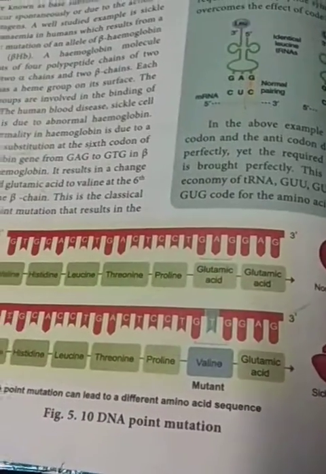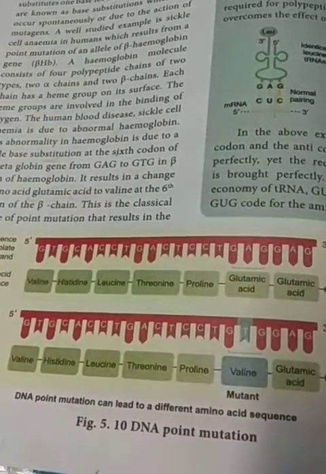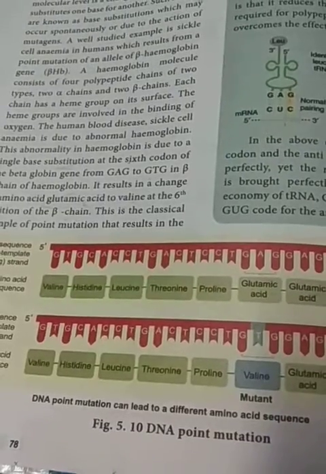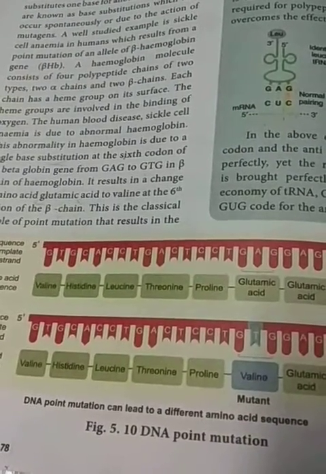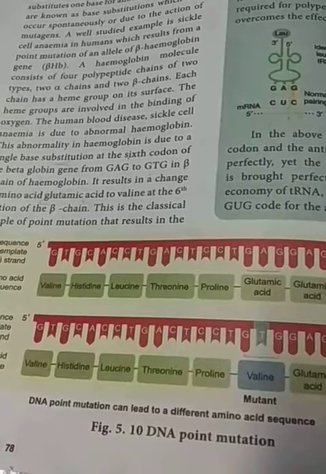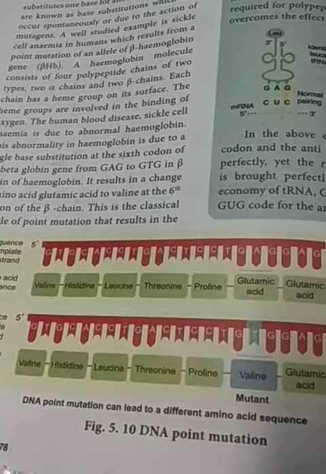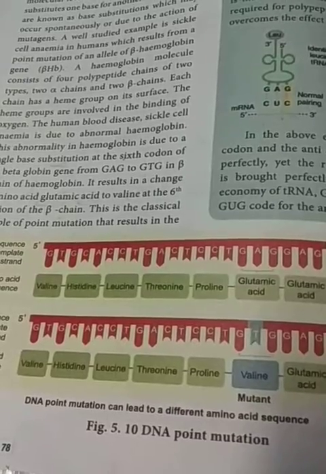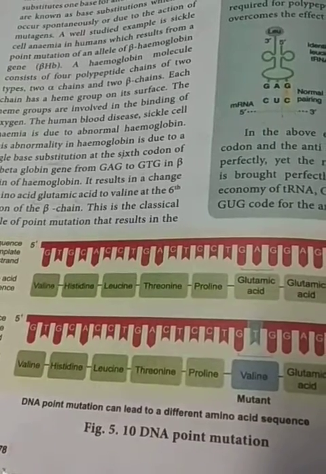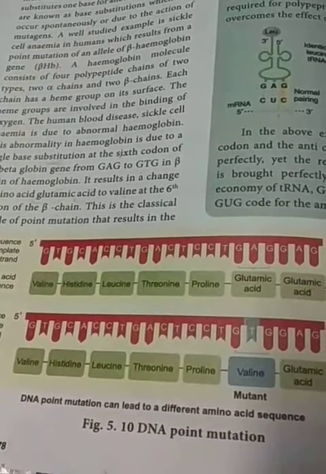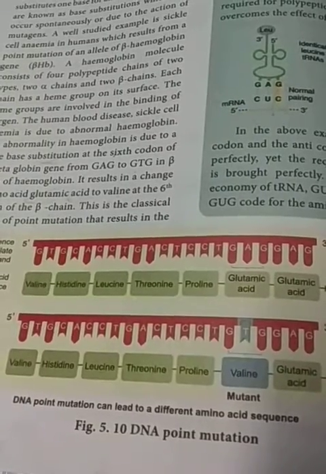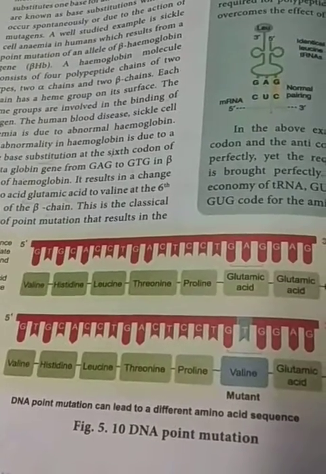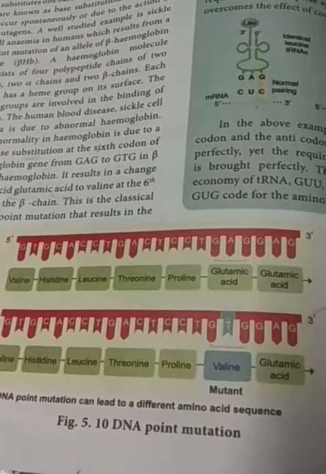For example, sickle cell anemia is a blood disease. In normal blood cells, the DNA has 5' to 3' polarity. Then 5' to 3', how many amino acids are there, we have discussed. In the 6th amino acid, glutamic acid is changed into valine due to the mutation.